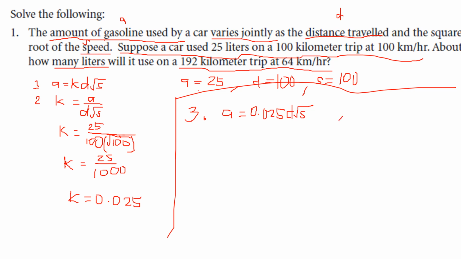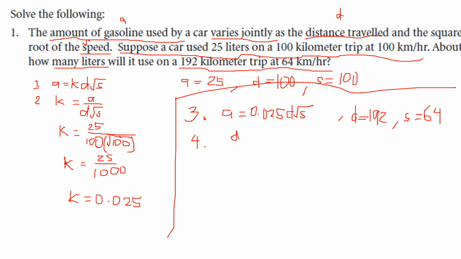Our 192 km is the distance traveled whereas our 64 km per hour is our speed. So, we need to find the amount of gasoline, and that stands for letter A. For the next process, I already put a processing part there, but you can also do it without. So, let's plug in.